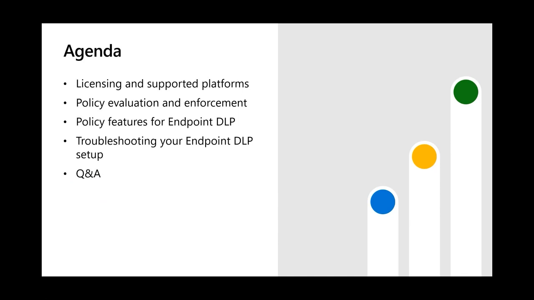This section contains all types of common questions related to DLP policies. It explains exactly how policy evaluation works on Endpoint DLP. Third, I will walk you through policy features for Endpoint DLP. And we'll have the last section for troubleshooting the Endpoint DLP setup.